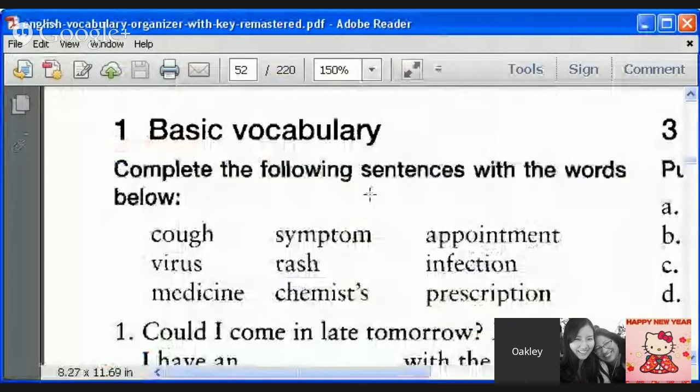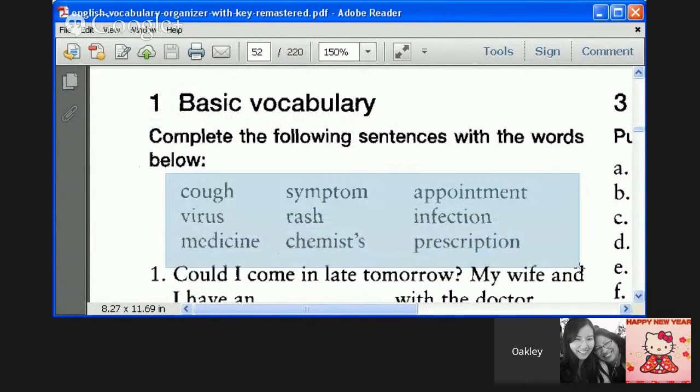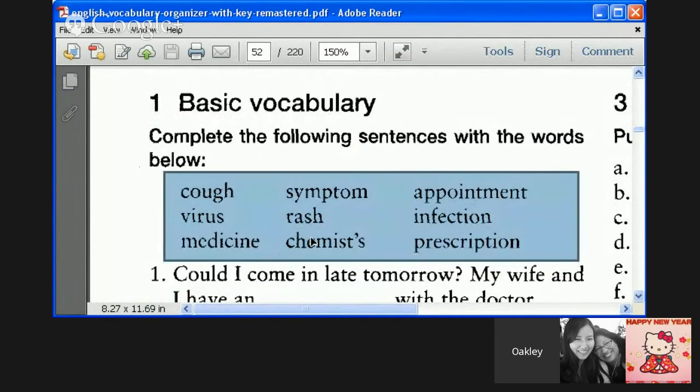Okay, anyway. A little vocabulary for the doctor's office. I'm going to do a screen share. We're going to get started with our first exercise. Here we go. Here, you will note a number of words, some simple vocabulary related to health and doctors and medicine.